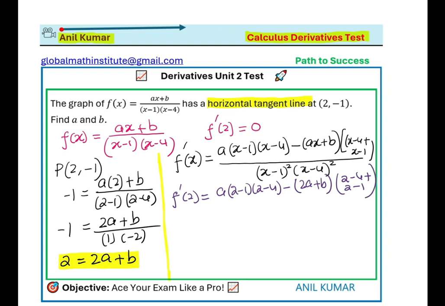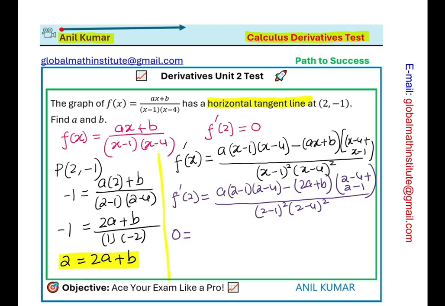Makes sense? Divided by, substituting 2, 2 minus 1 whole square times 2 minus 4 whole square. Correct. Now this derivative is 0. So forget about the denominator. The numerator should be 0, right?